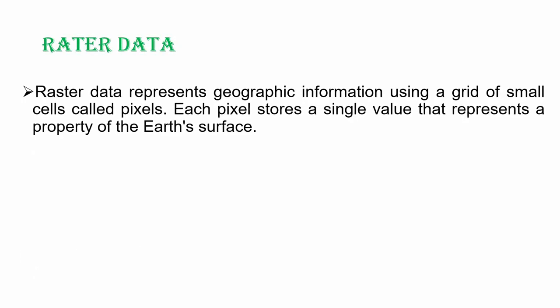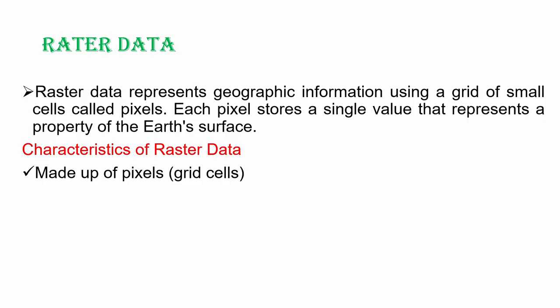Raster data. Raster data represents geographic information using a grid of small cells known as pixels. Each pixel stores a single value that represents a property of the Earth's surface. Some characteristics of raster data are: it is made up of pixels, or you can say grid cells.